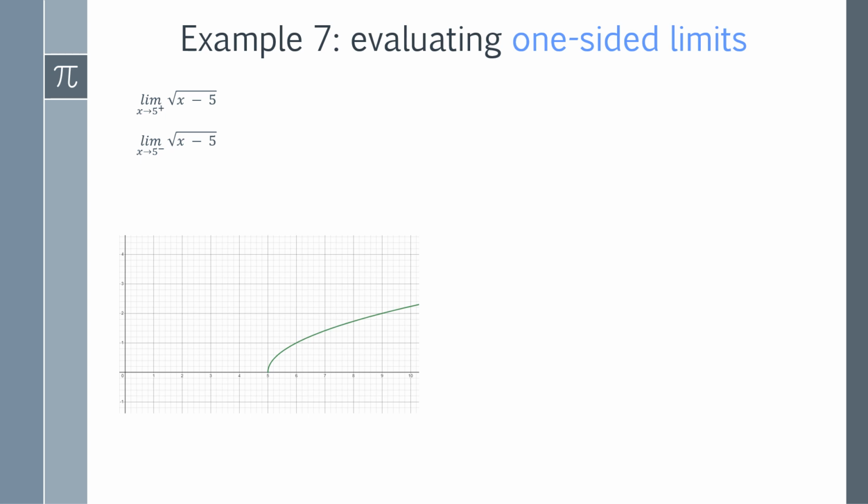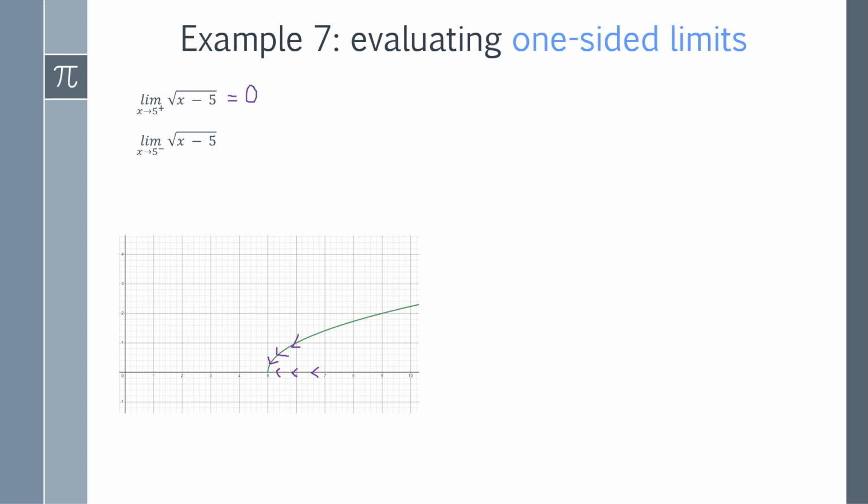Let's go ahead and start with the right limit. We can see that as x approaches 5 from the right side, the graph of the function is getting closer and closer to the x-axis, and that's where it's going to obtain the value of 0. So the right limit of this function is 0.